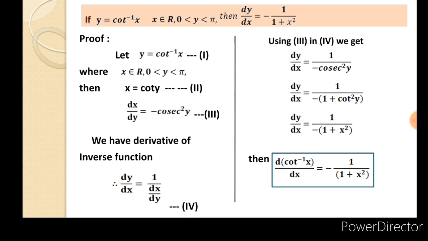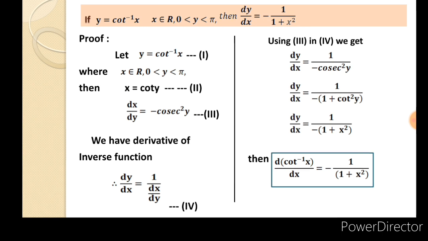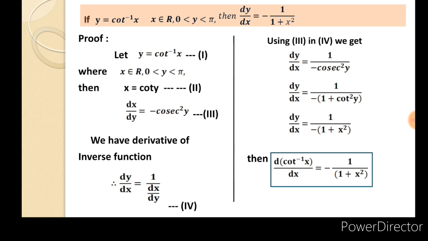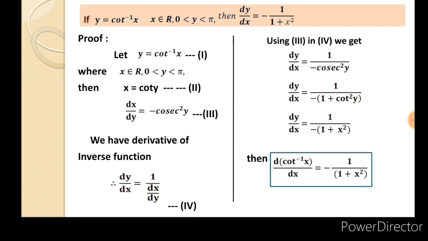Already we have calculated the value of dx by dy in equation 3. So now we'll use equation 3 in 4. So using 3 in 4, we get dy by dx is equal to 1 upon minus cosec square of y. One may write it as minus sine square, but there is a better option. Cosec square y can be written as 1 plus cot square y.